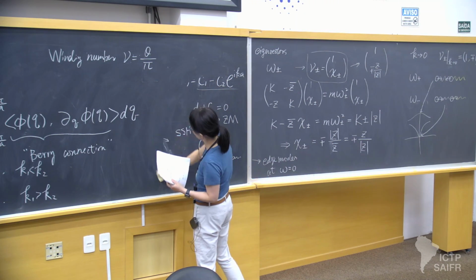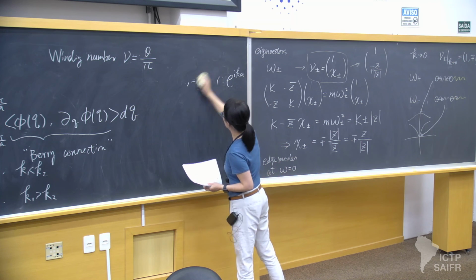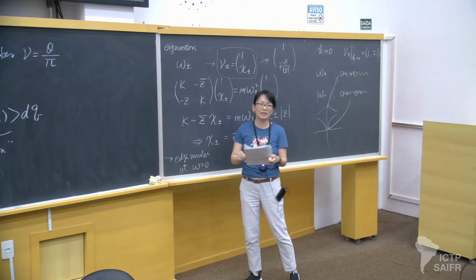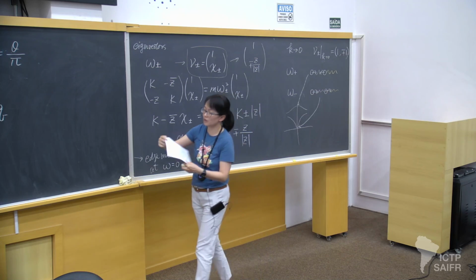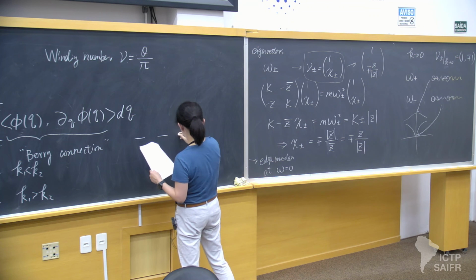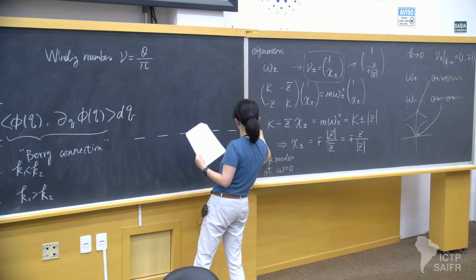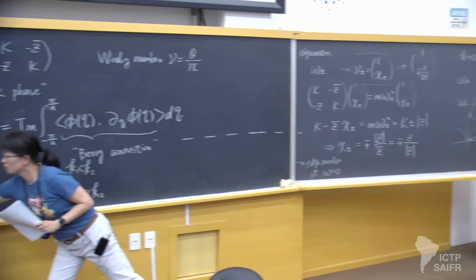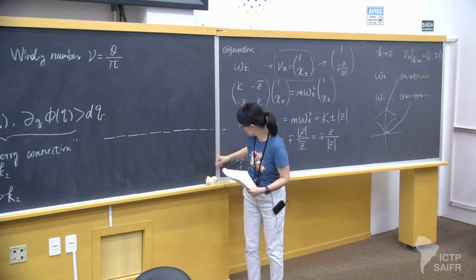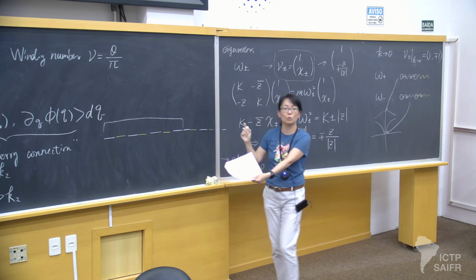In this particular case, the way you look for the edge modes is actually the interface between these two different phases. So basically, if you draw a chain like this, this part is a nice 1D chain like we defined.